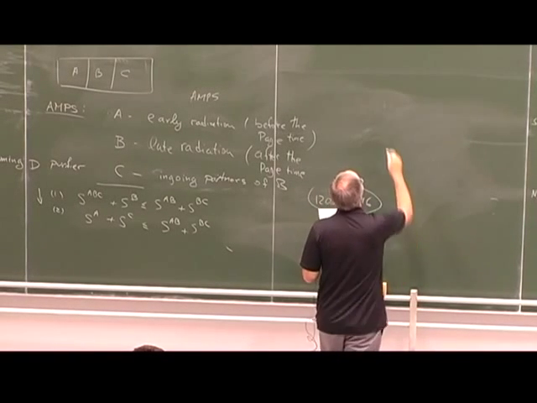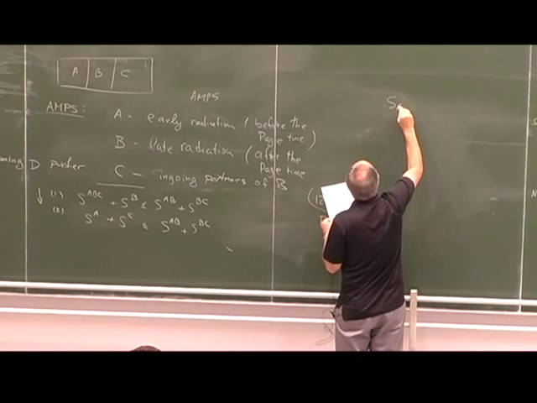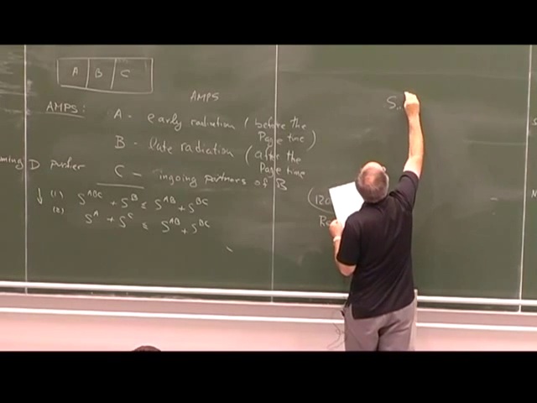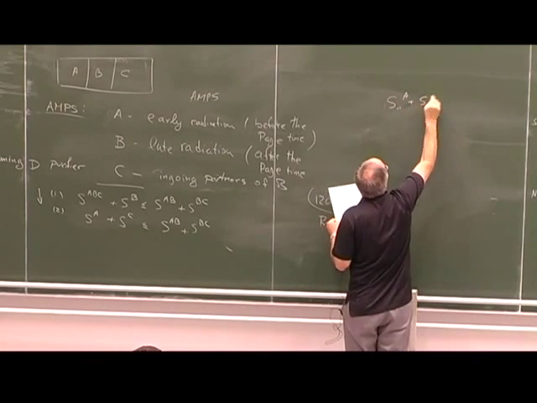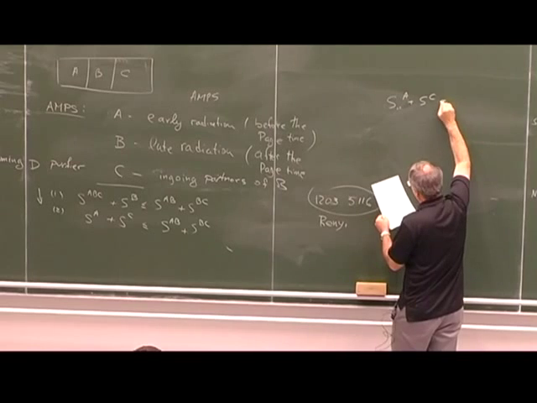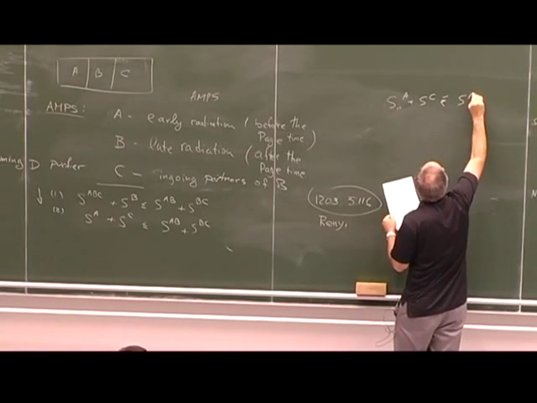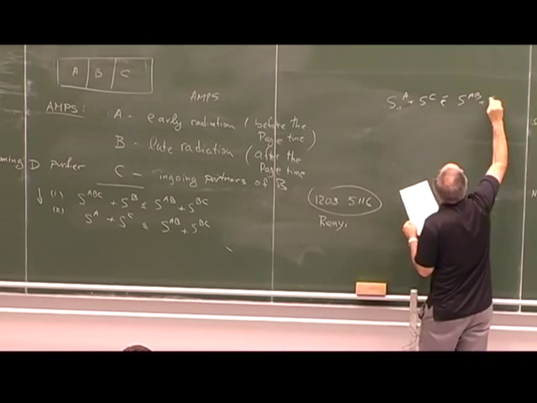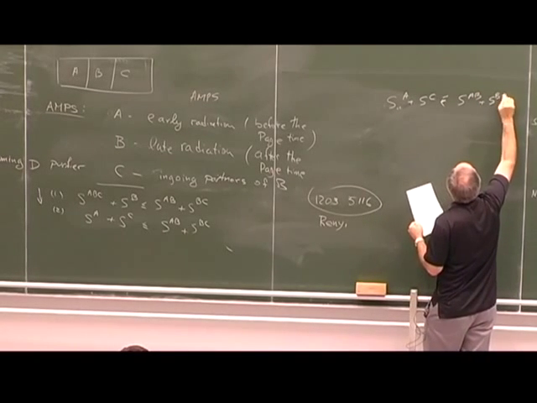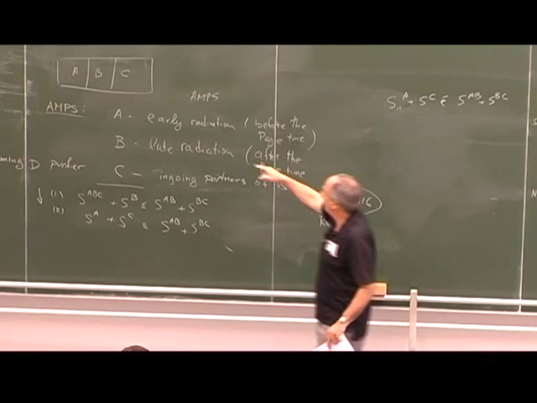So let's use this 2, so SA plus SC needs to be less than or equal to SAB plus SBC. So let's see what this means here.